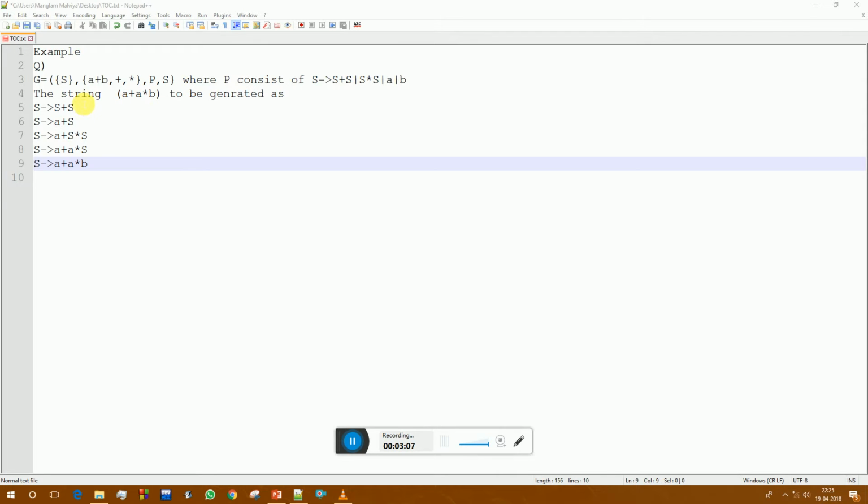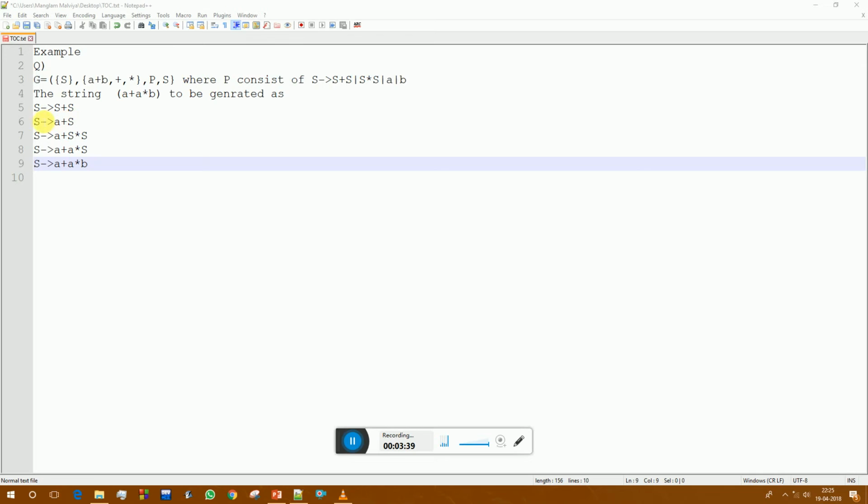So I am going to start with the symbol, and you can clearly see that there is a line saying that capital S gives capital S plus capital S. Now I am going to replace this symbol with small a, and I will keep this as it is.